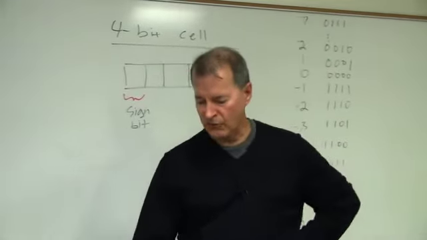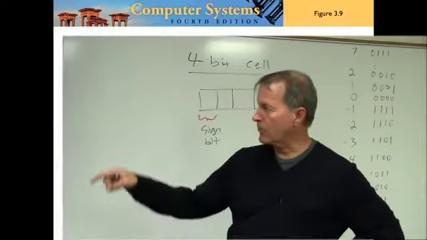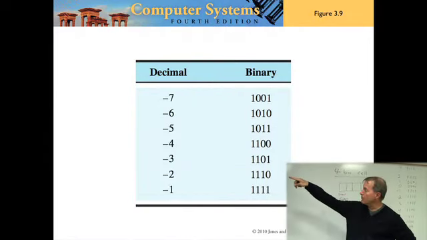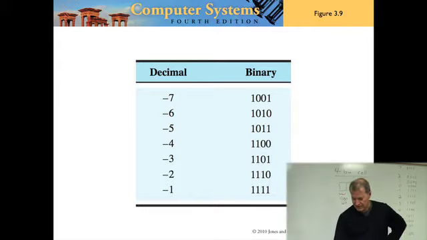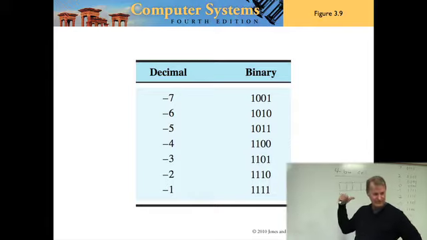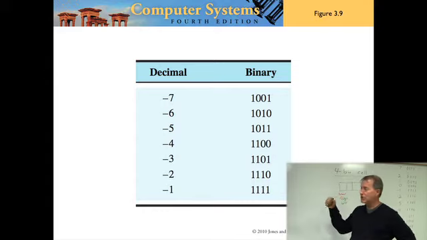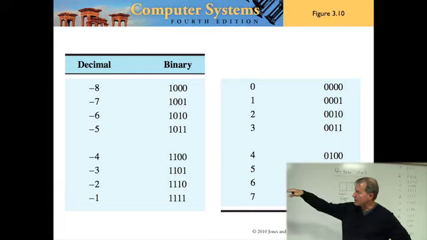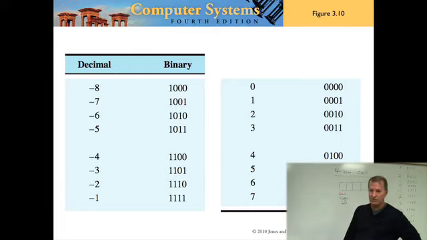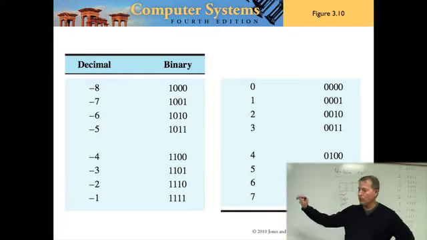Okay. So over here, if we were to work this out, figure 3.9, with a 4-bit cell, we can see how to go all the way from negative 1 to negative 7, but then we can say, well, let's include another value because that bit pattern wasn't included, so it goes from negative 8 up to 7. That's the range for a 4-bit cell.